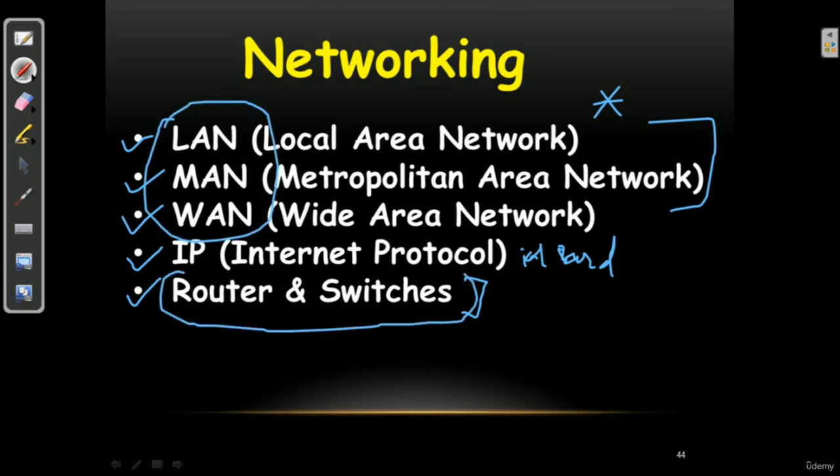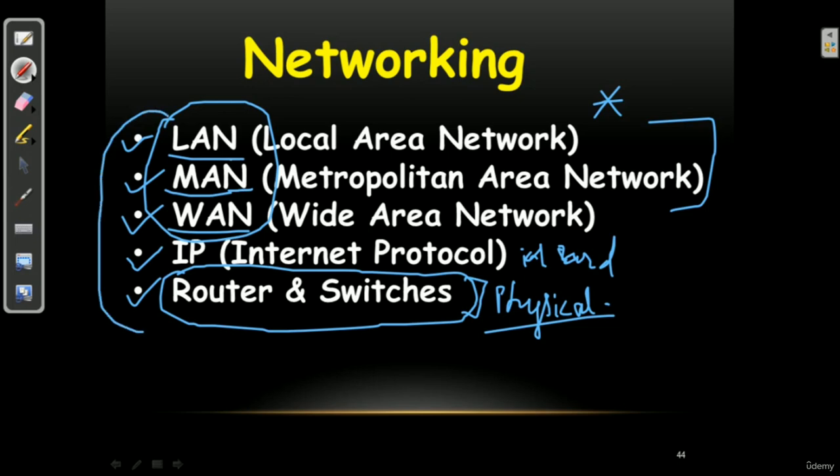The difference is that the routers and switches are the physical devices that help us to connect from one device to another, and it definitely includes the software. LAN, MAN and WAN are introductory concepts, the names of the things that use this technology.